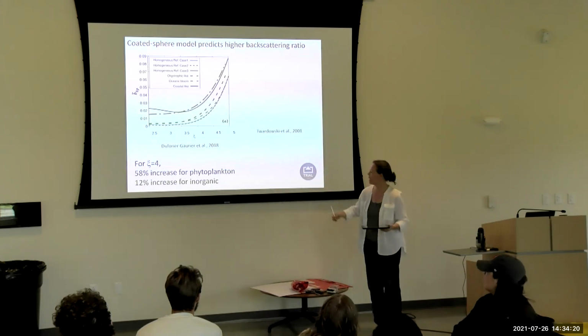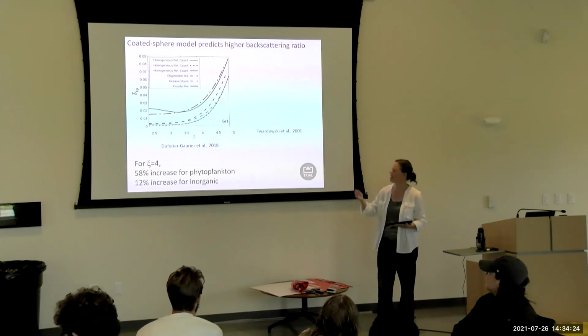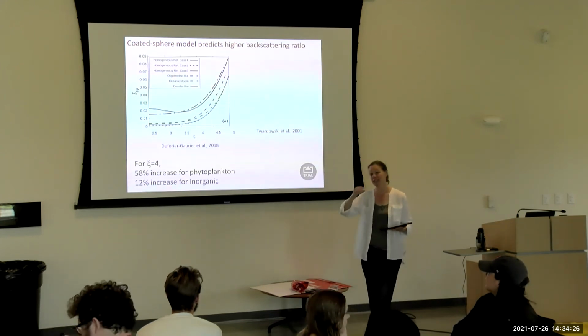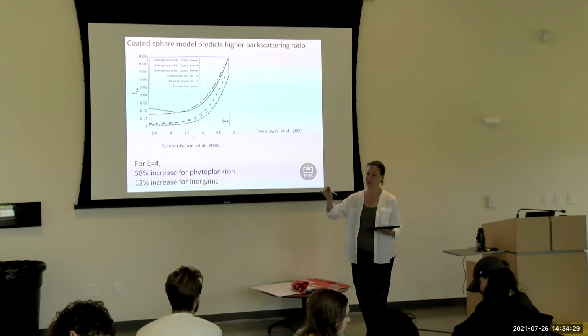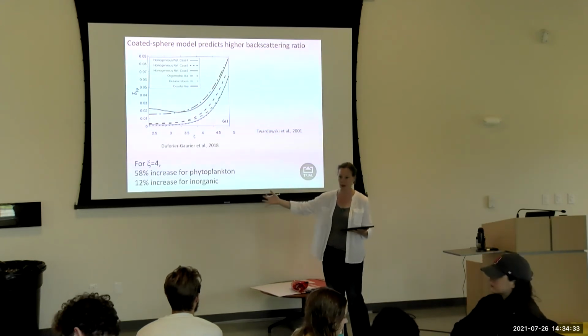This is a newer paper where they are modeling, in this case, the backscattering ratios. We're not looking at a phase function, but we're looking at the relative amount that's in the backward direction, right?